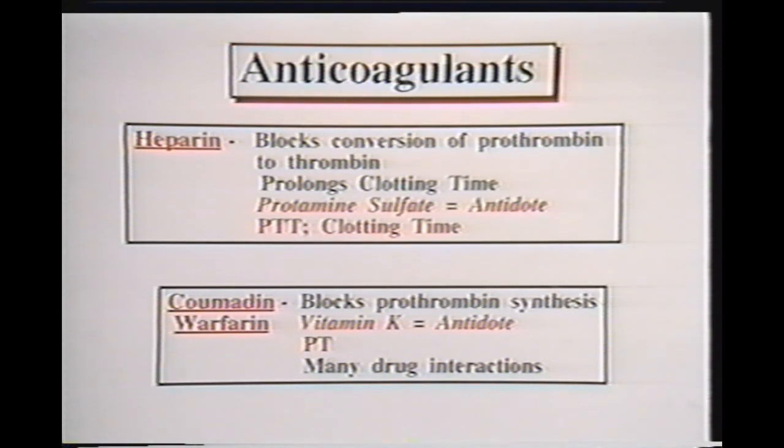Patients should be warned to take no drugs that aren't prescribed for them and to let their physician know they're taking Coumadin. Patients should not take any non-prescribed aspirin, for instance, because it will potentiate Coumadin. They also should not take drugs like phenobarbital because it interferes with the action of Coumadin.